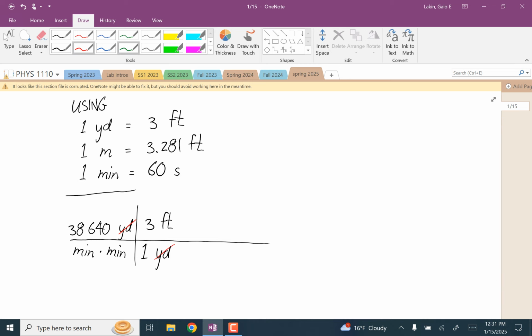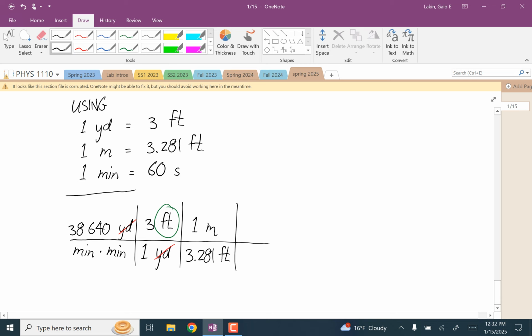Those cancel, and what you have left is feet. And now I'm going to go from feet to meters. So in the conversion factor, I need 3.281 feet in the denominator and 1 meter in the numerator. And so now our length units are meters, which is what we want.